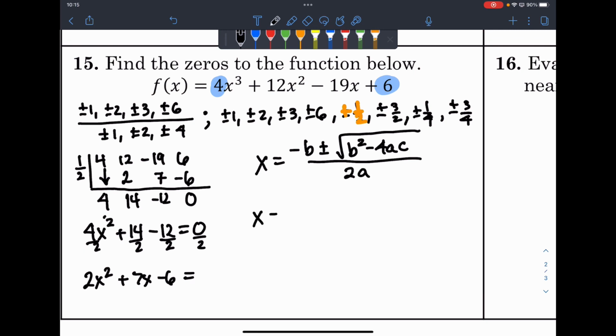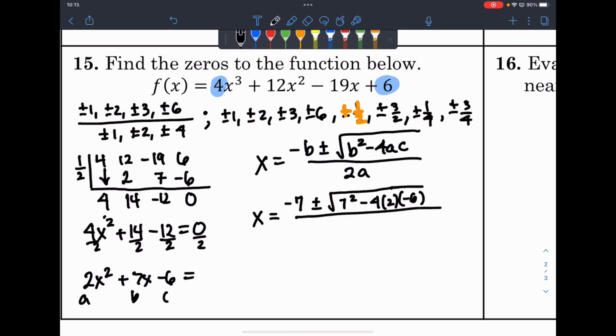So substituting in the values of a, b, and c, we're going to end up with negative 7 plus or minus the square root of 7 squared minus 4 times a times c.